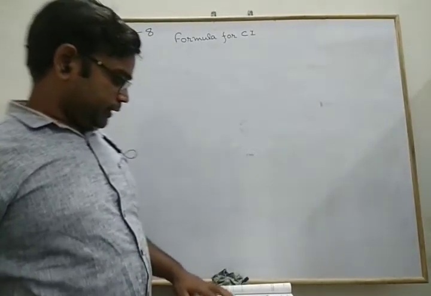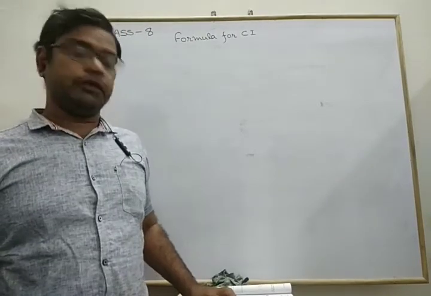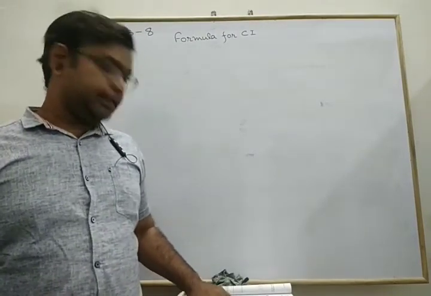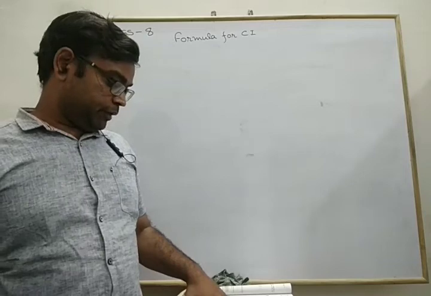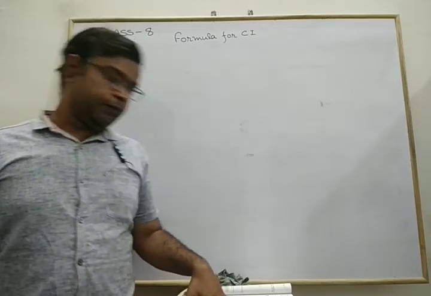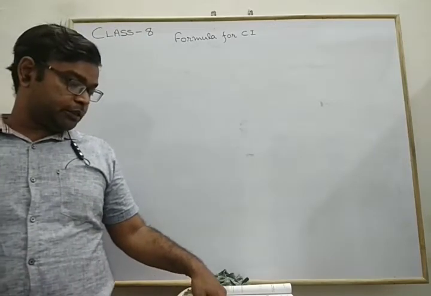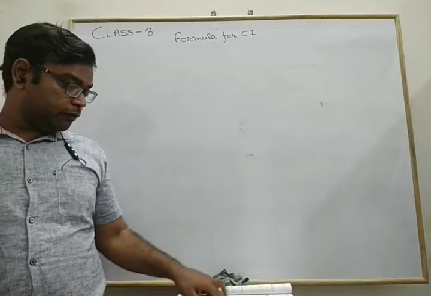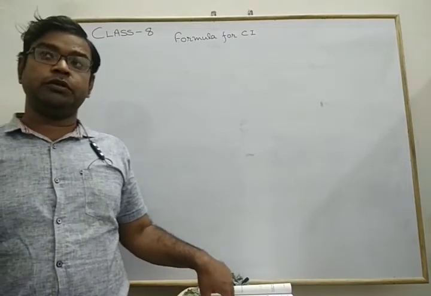In question number 8, it says that the population of a village increased by 5% annually. If its present population is 4,000, what will be its population after 2 years?